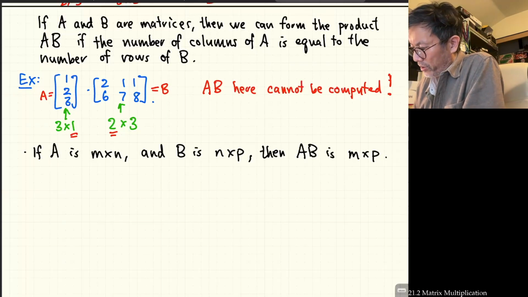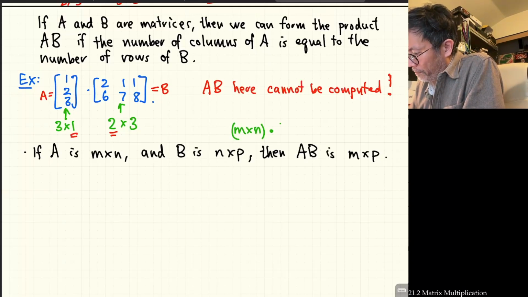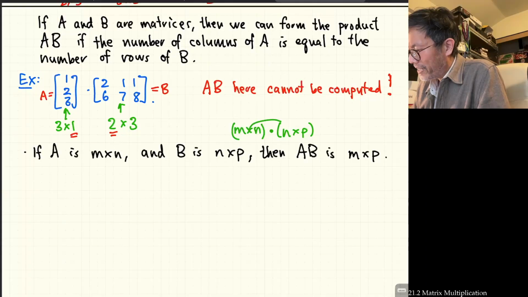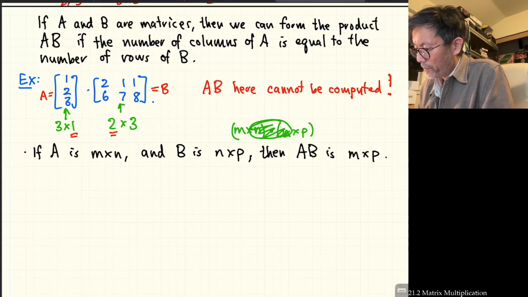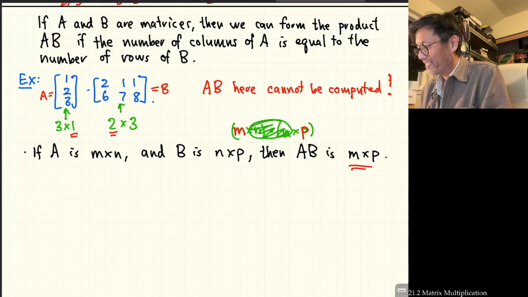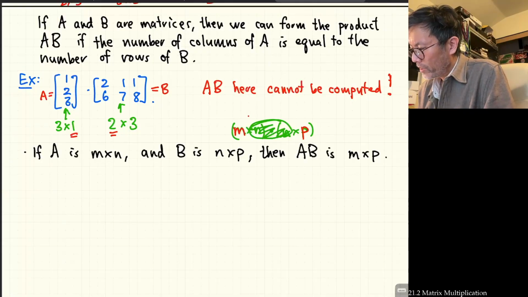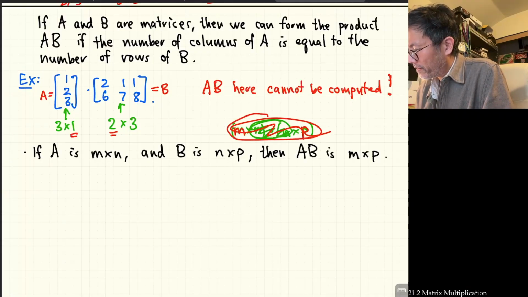So when you have an m by n being multiplied by an n by p, this is just shorthand, not formal notation or anything, it's like the n's get glommed together, and then you're left with an m by p. That's the idea, okay? I don't want to say too much more than that.